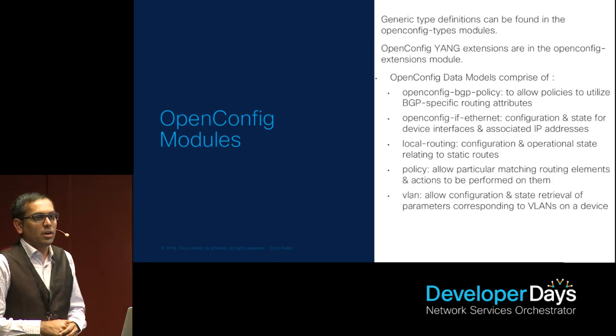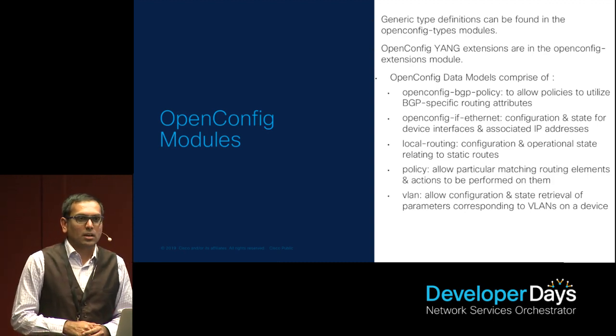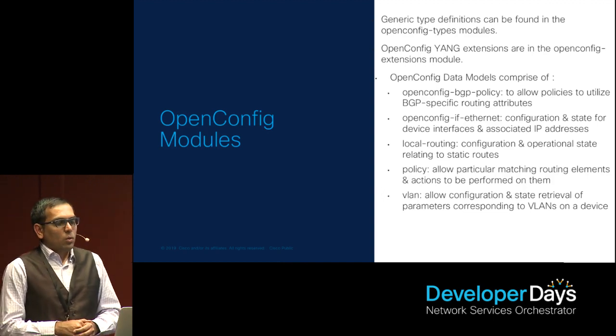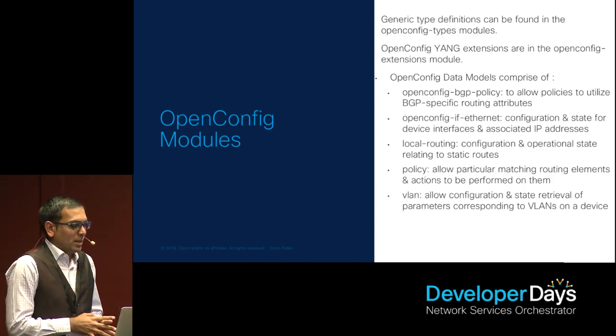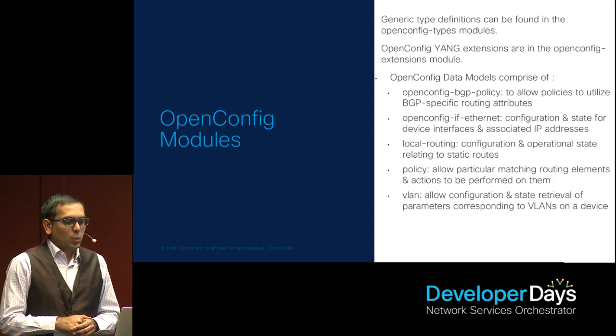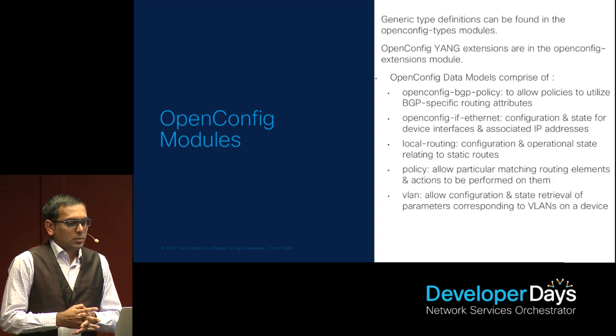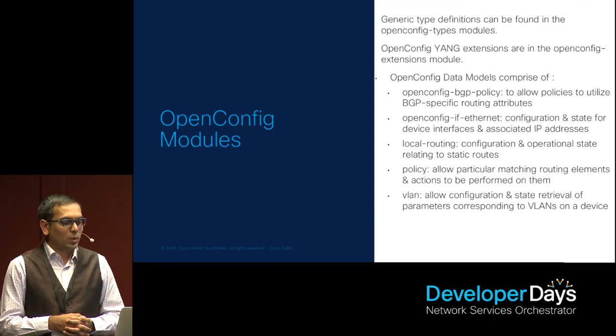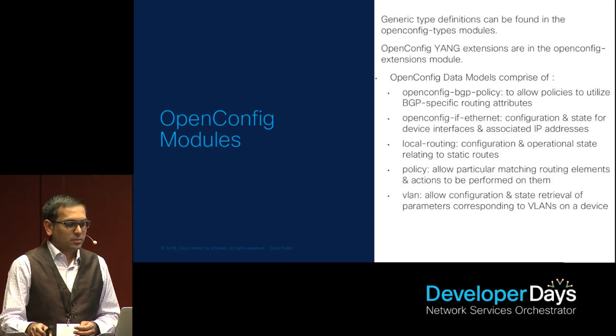We saw a lot of static route examples in the image previously. Policy, to allow particular matching routing elements and actions to be performed on the firewall policies. VLAN, to capture configuration and state retrieval of parameters that correspond to VLAN on devices.